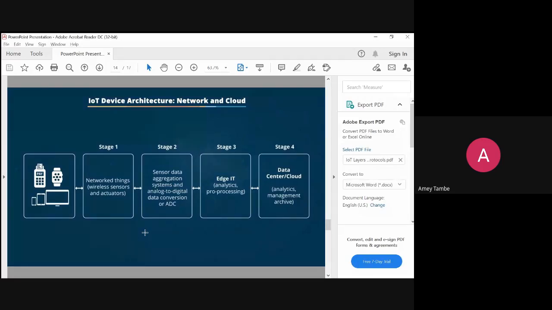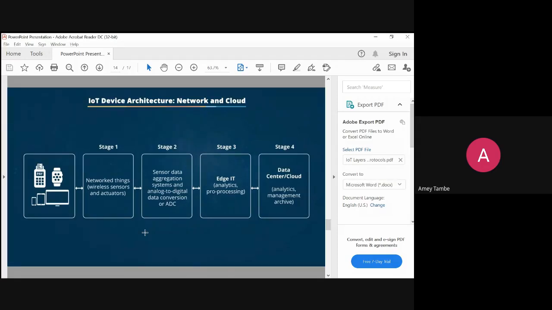First, we need to have devices which can network the things, meaning they can communicate on the network: wireless sensors or actuators. The second stage is sensor data aggregation systems, which can do conversions: if you have an analog sensor, it can convert the analog data into digital, and vice versa, depending upon the requirement and what you want to perform.